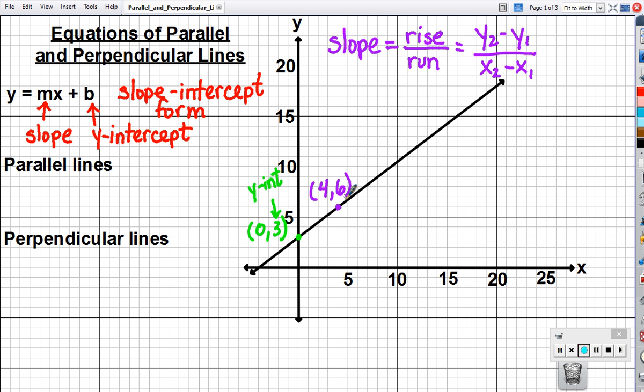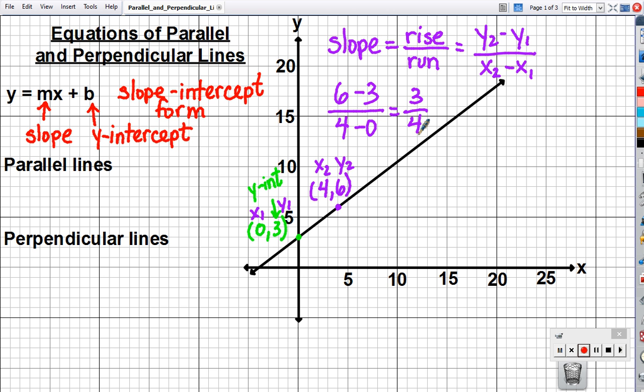Either using a slope triangle, which you can draw in, or using this formula, we can find the slope. This is x2, y2, and this is x1, y1. So I'm going to do 6 minus 3 over 4 minus 0, which gives me 3/4. Yay!